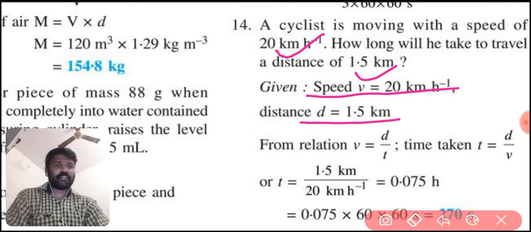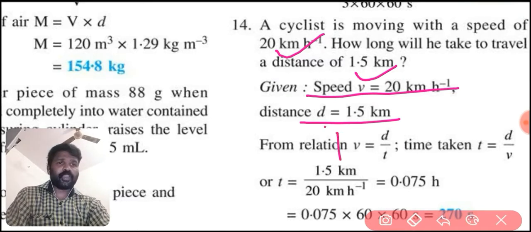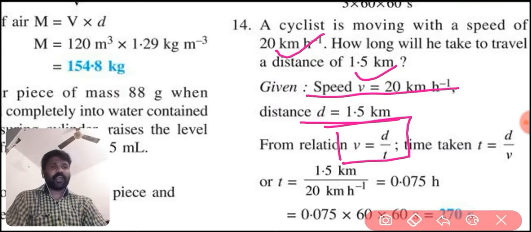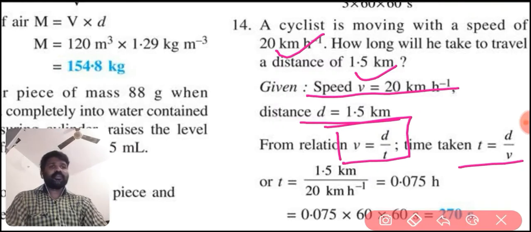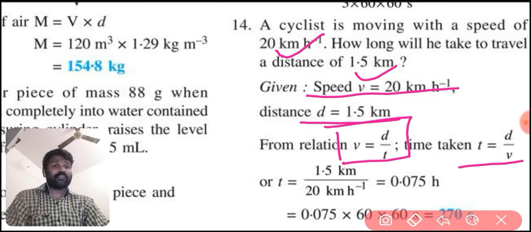From the relation v is equal to d upon t, distance upon time, we know that the time t is equal to d upon v, distance upon speed. Clear?